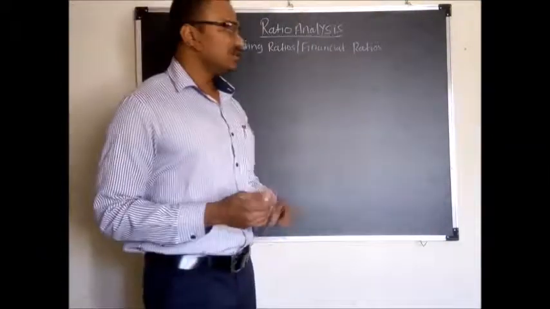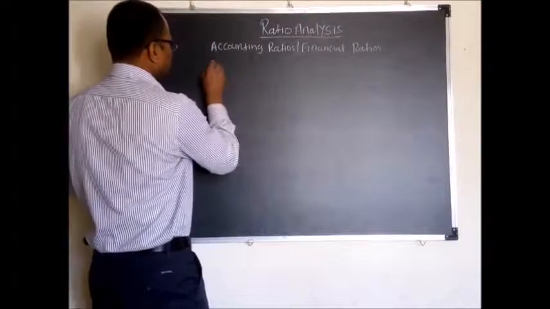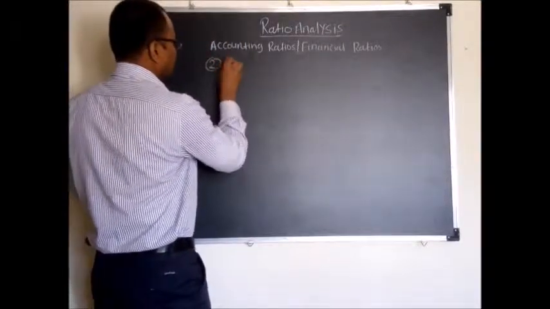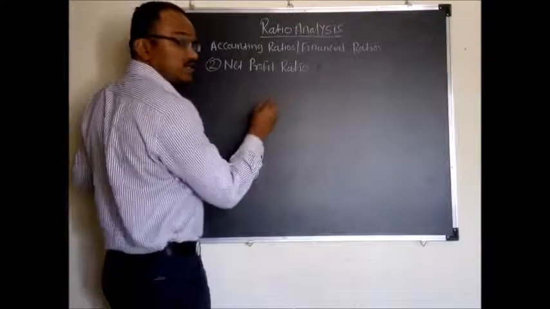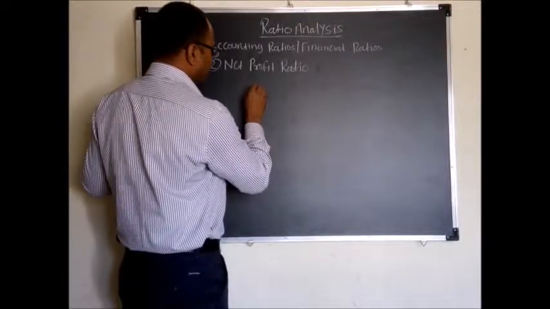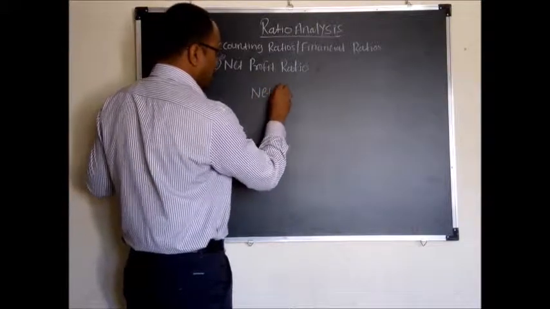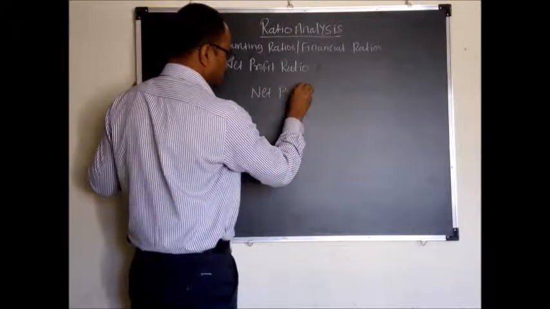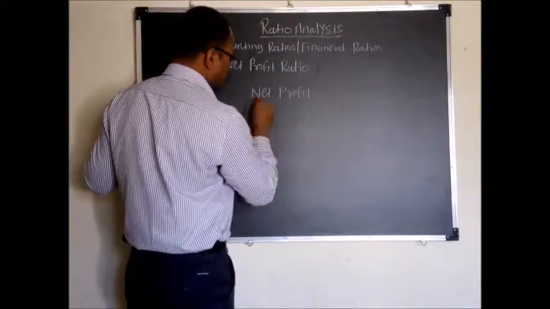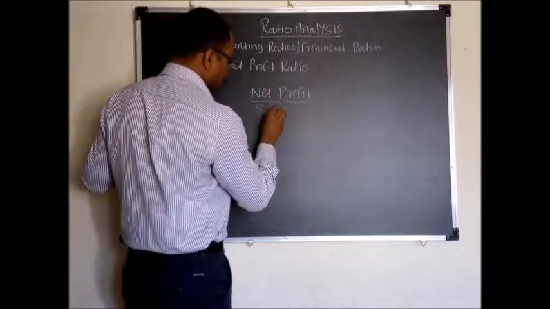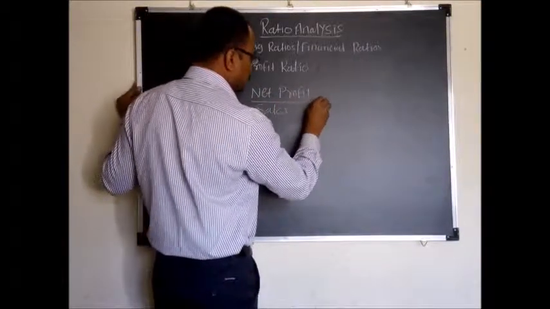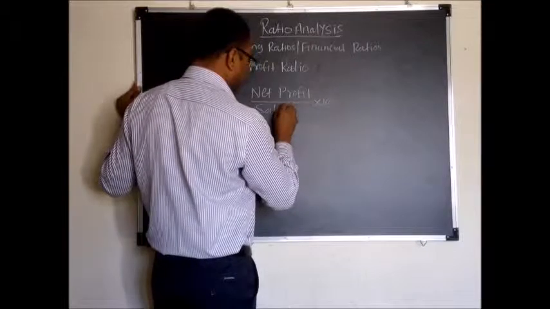Now let us see another ratio, the second ratio, net profit ratio. Net profit ratio is computed by using the formula net profit upon sales into 100.